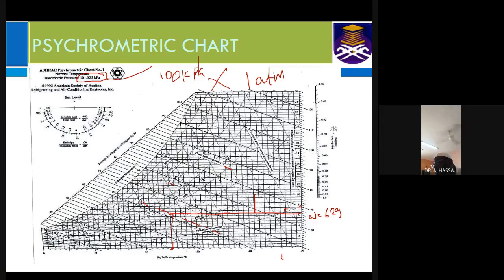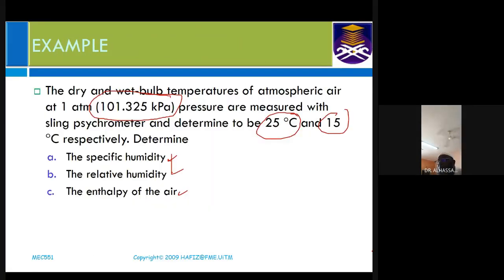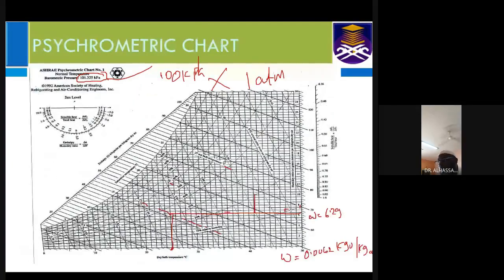So omega gives me 0.0062 kilogram of water vapor per kilogram of dry air. Okay, so now if you need to determine the relative humidity, you see, these are lines of constant relative humidity.